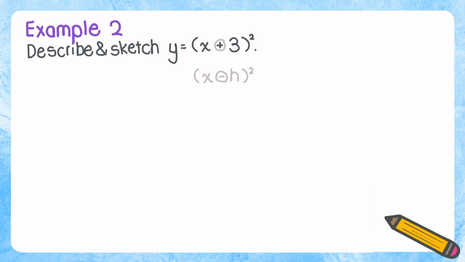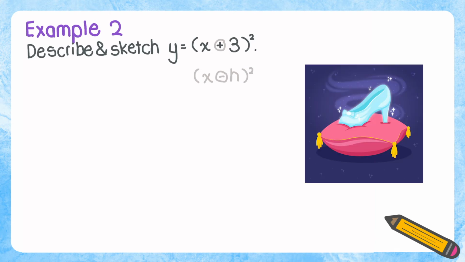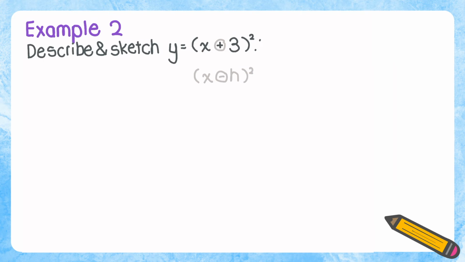I want an exact match, kind of like Cinderella's glass slippers. So I'm going to rewrite it so that it's an exact match. So x plus 3 is actually the same thing as x minus negative 3. And then don't forget the quantity squared. Because remember how a double negative just turns into a positive.